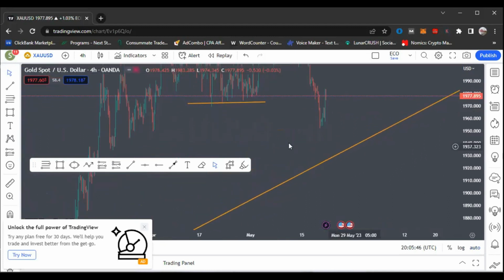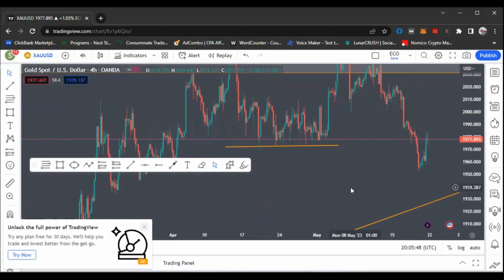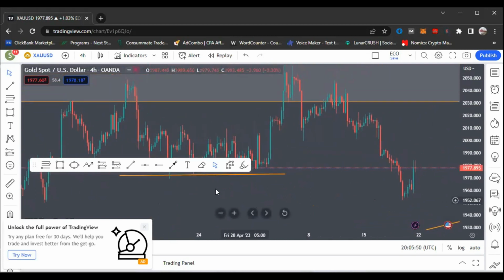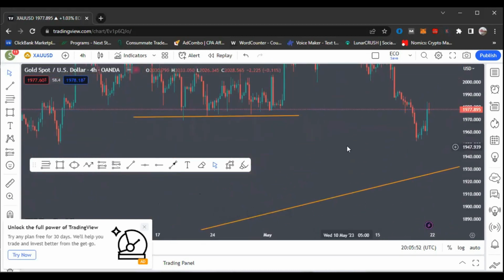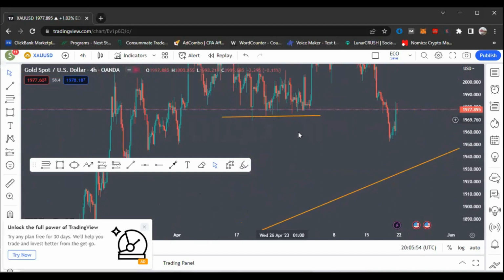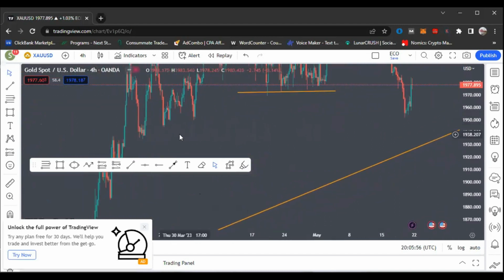So I'll still be expecting price, after taking out this amount of liquidity, to perform a little bit of retracement from this point because this imbalance has already been filled up.